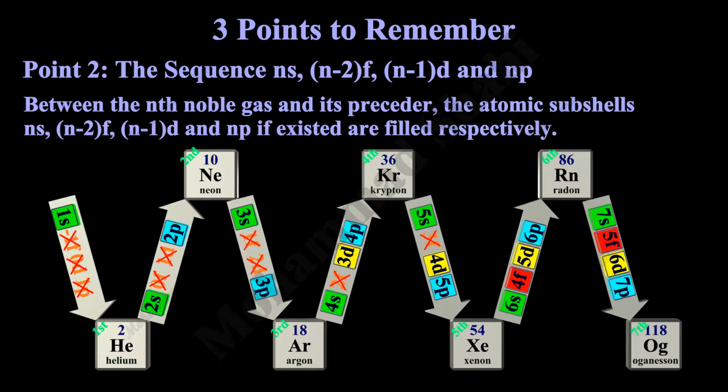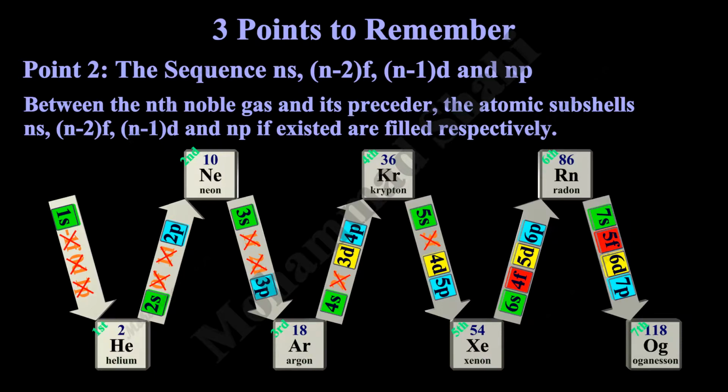The second point to remember is the atomic subshells that are filled between any 2 adjacent noble gases. This is simple to remember by considering that between the nth noble gas and its preceder, the atomic subshells ns, (n-2)f, (n-1)d, and np, if existing, are filled respectively.